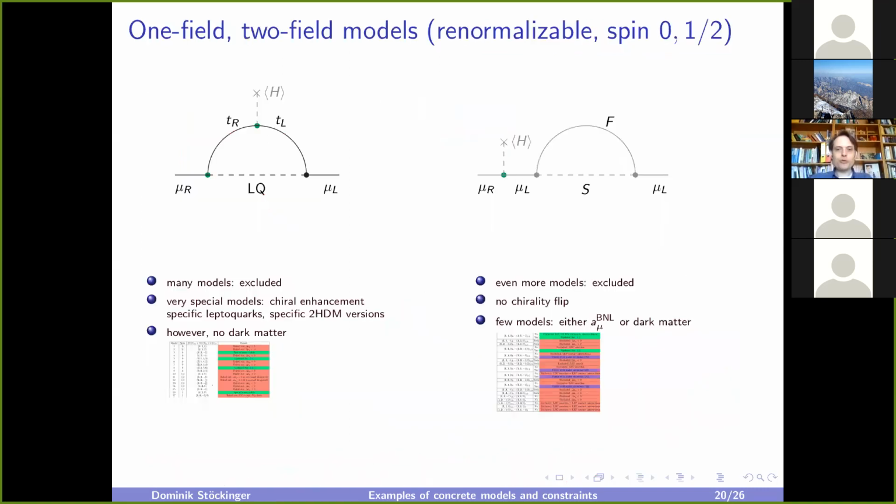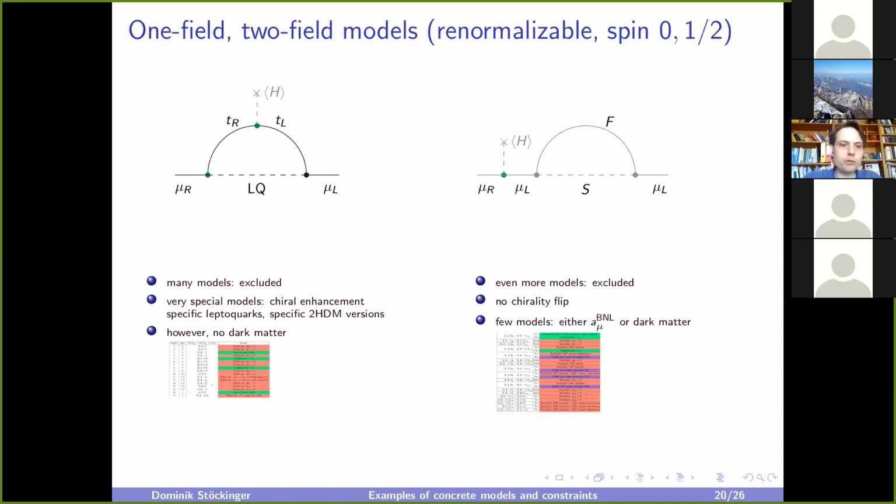So much for supersymmetry. Let me now switch gears a little bit. What we also did was a kind of systematic analysis, going step by step through all possible extensions of the standard model, just organized by quantum numbers and putting in new fields to the standard model.